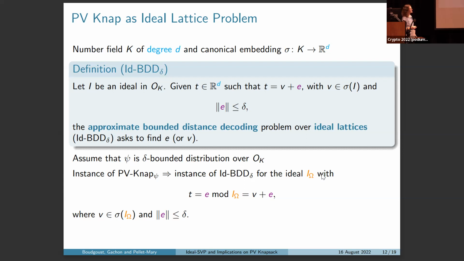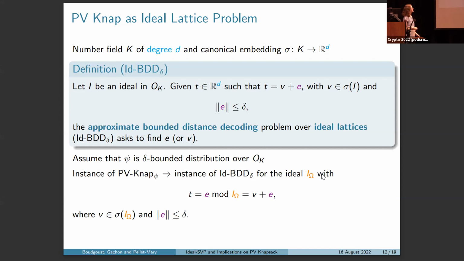And we are promised that it can be described as the sum of a vector that lies in the lattice and some offset E, where we are promised that this offset E is of small norm. So we know that we have a target vector that is somehow close to my lattice. And now this bounded distance decoding problem asks to recover either the offset or the lattice vector.